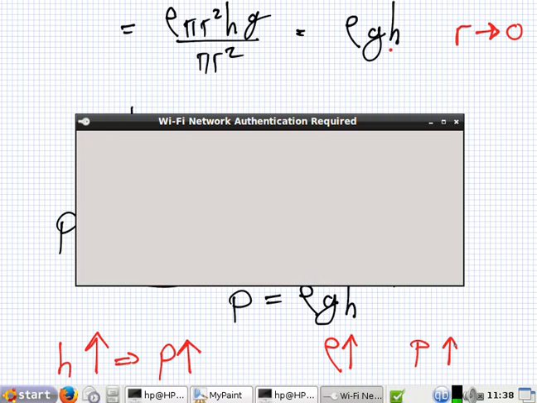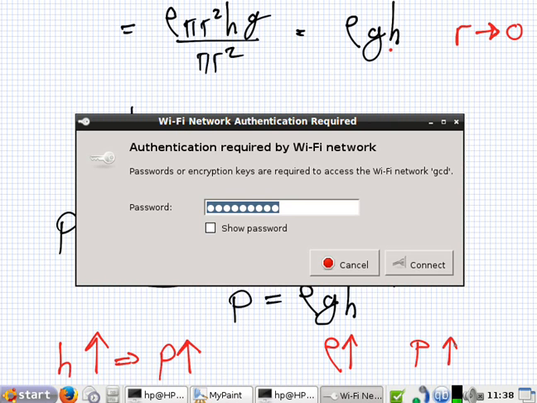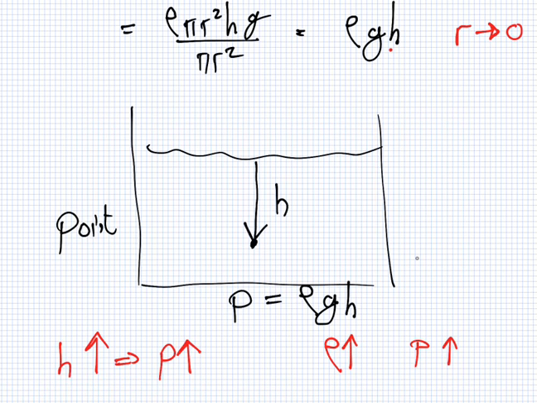For example, if I replace the water with something more dense, like melted steel, even though h is the same, the pressure will be much higher. This doesn't have to be water. It could be anything, like gas as well.